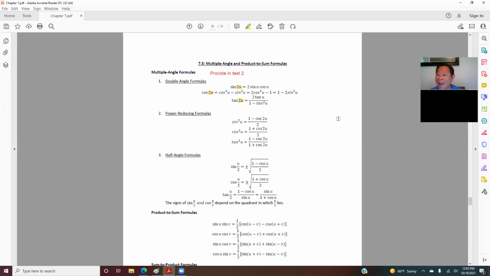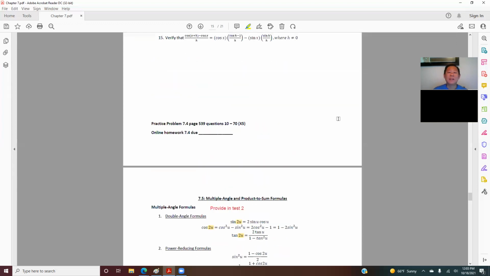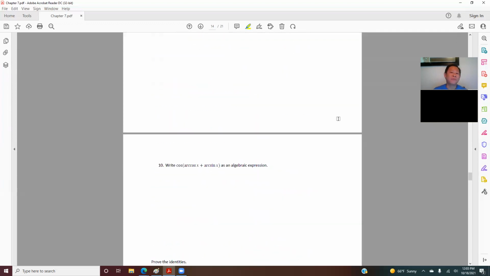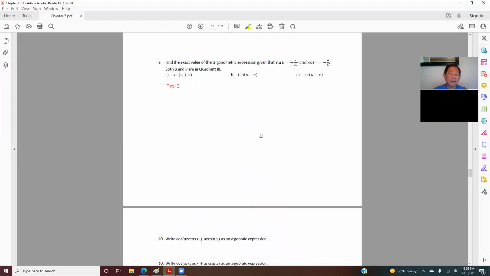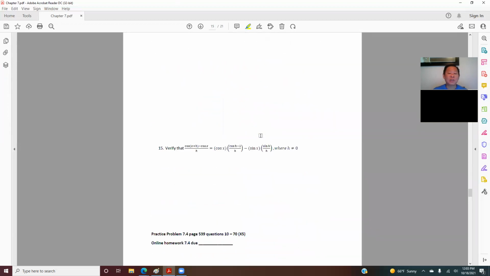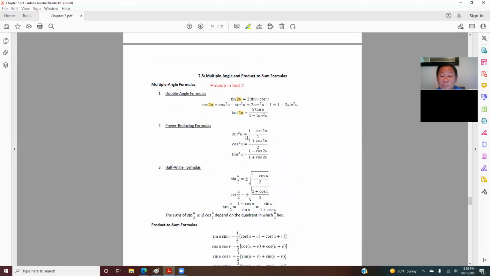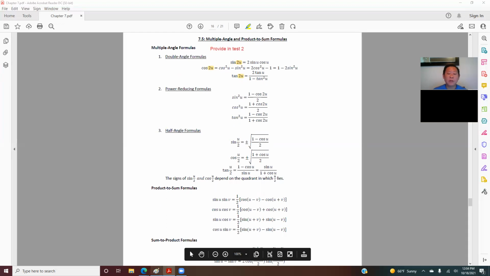So if you have an angle and the angle is doubled, make sure you use this formula. This is different from the one you learned in 7.4, which is the addition and subtraction formulas. This double angle formula actually comes from the addition and subtraction formulas. Let me show you how we prove this double angle formula.